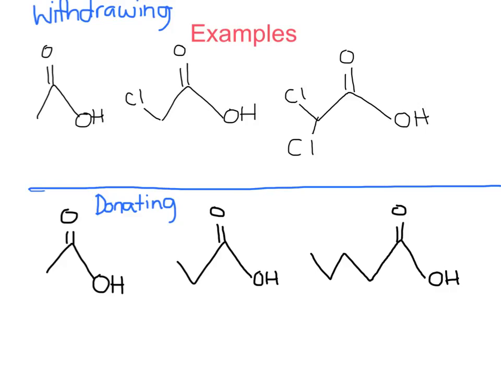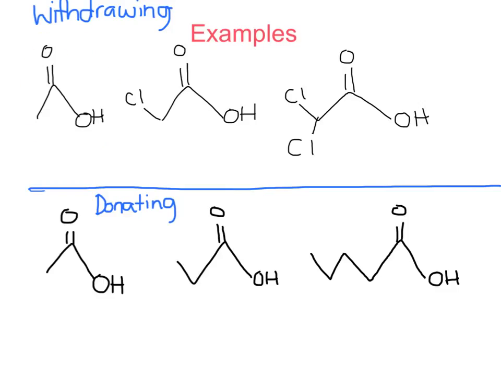In this first example, we'll look at withdrawing groups. As you can see here, the first one has no chlorine atoms on it, but the second one has one and the third one has two. Pause the video and see if you can determine which one is the most acidic and which one is the least acidic. As you probably guessed, the most acidic is the last one over here, which has two chlorine atoms on it. Then the middle one, of course, is going to be the one with one chlorine atom, and the first one is going to be the one with no chlorine atoms.